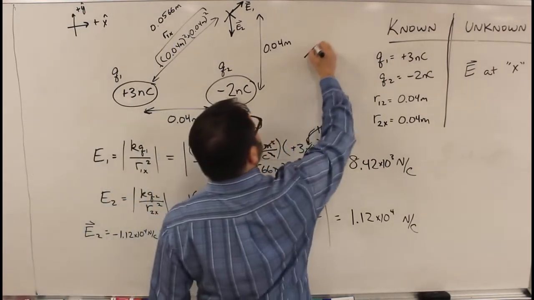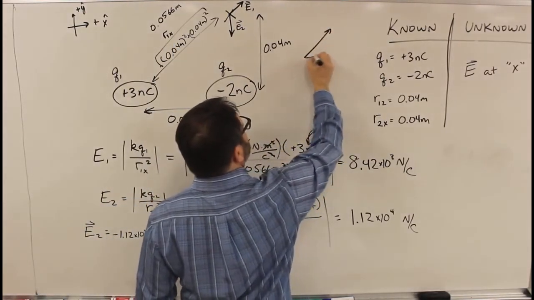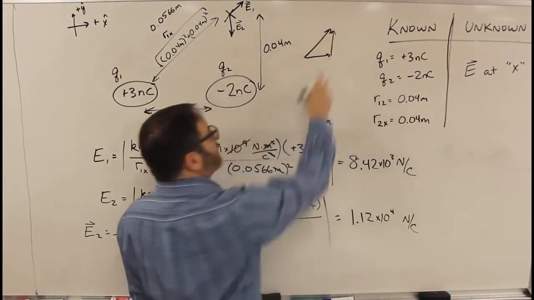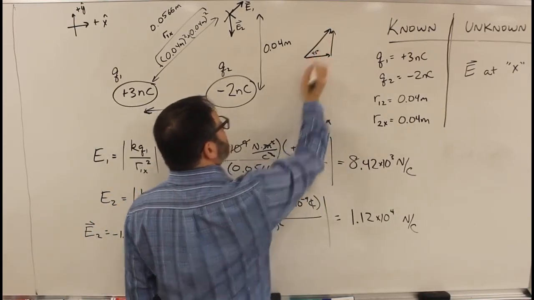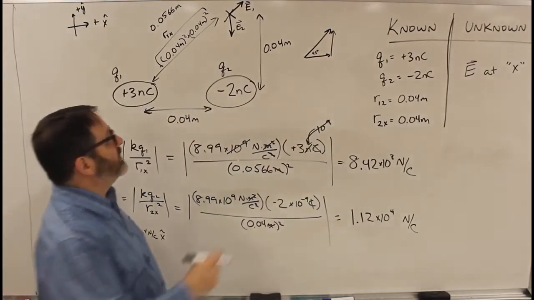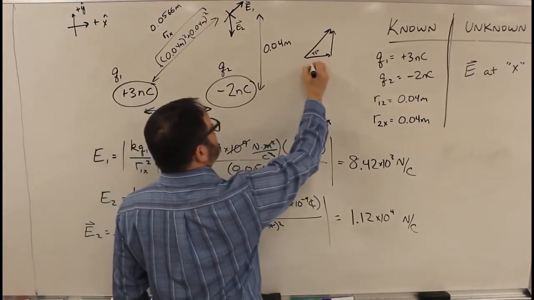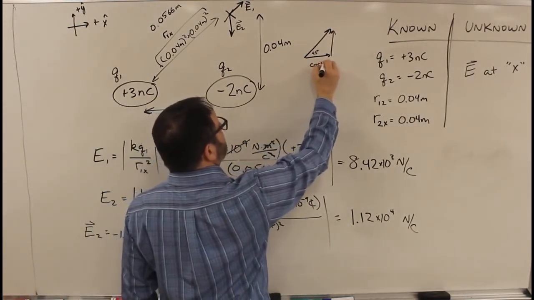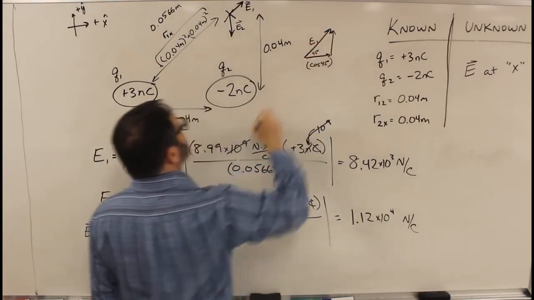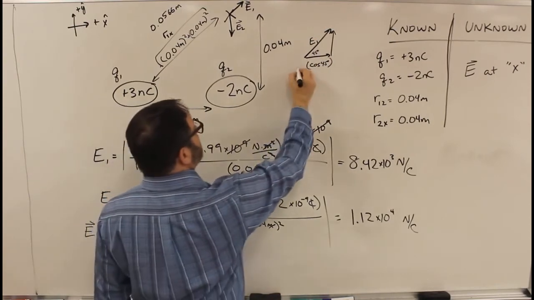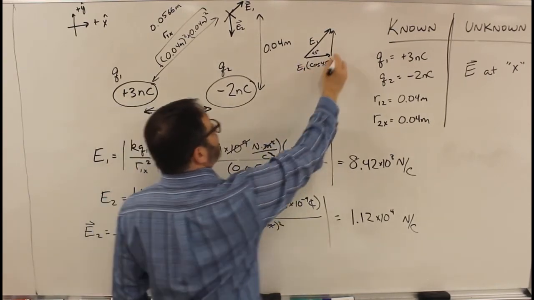So E1 is this direction. We just found the magnitude. We want to know the x and y components, and this is 45 degrees. So if this is the magnitude E1, then this is E1 cos 45.